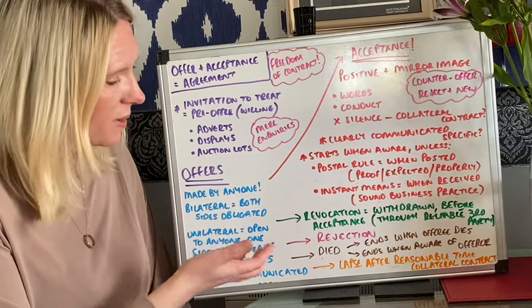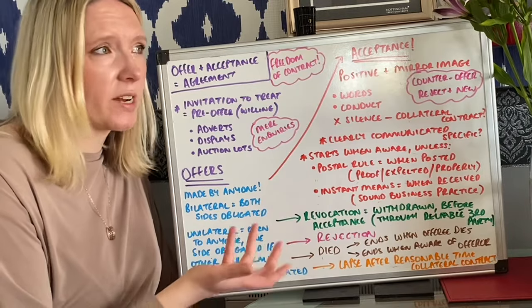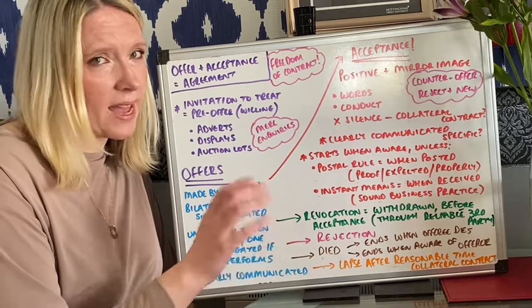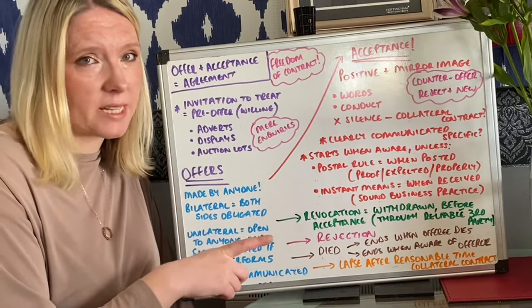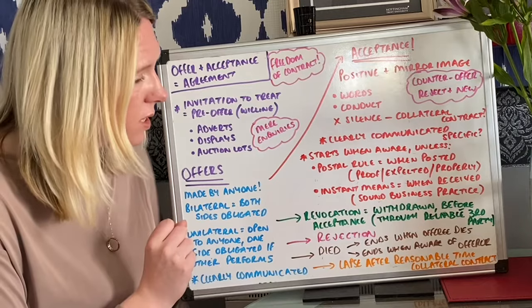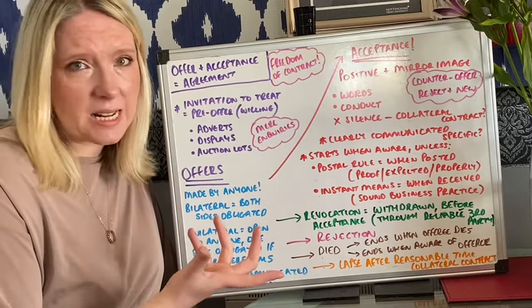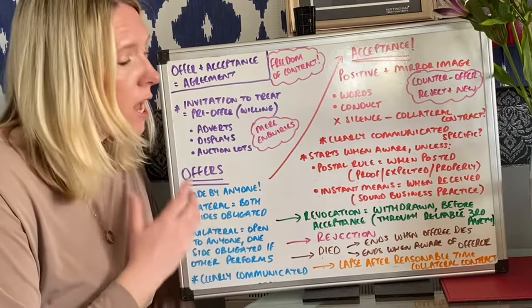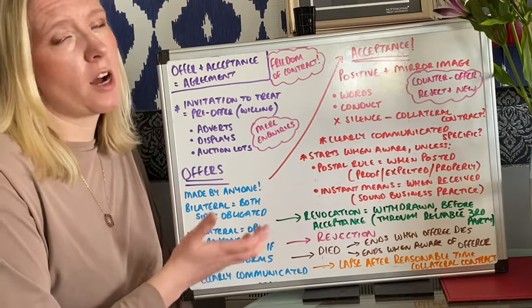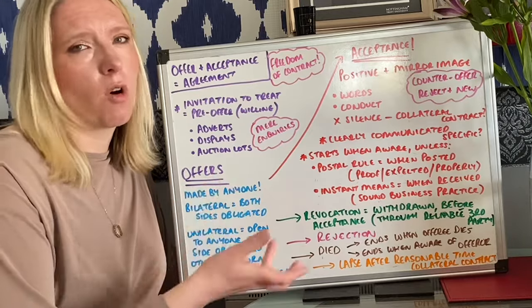Of course, offers don't have to be accepted. You can withdraw your offer, and again, freedom of contract. If you made an offer, you are free to take it away anytime before it's accepted. Once it's accepted, we have that binding contractual agreement. You can withdraw it yourself, it just has to be clearly communicated that it's gone, and that can be through a reliable third party as well. For example, a friend both of you know, or a lawyer or agent.